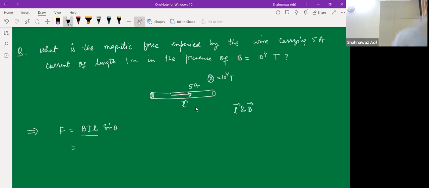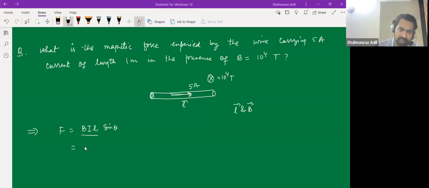We have this wire, the current carrying wire, which is going to the right, and this is the direction of the magnetic field. This is actually inside, but it will appear to be outside for you guys.